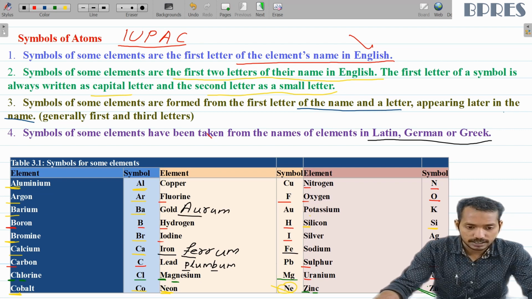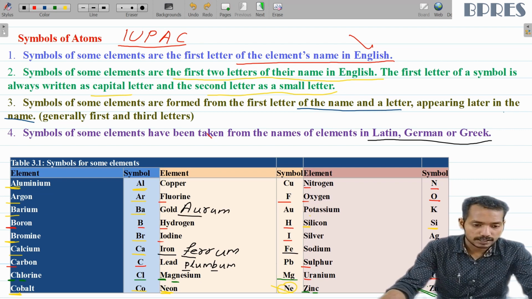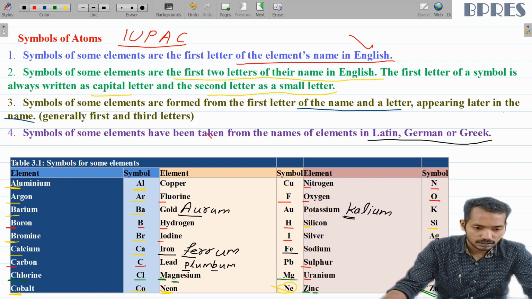See, Au is taken from that. In case of potassium, it is kalium. K is taken from that. And in case of silver, it is argentum. Ag is taken from that.